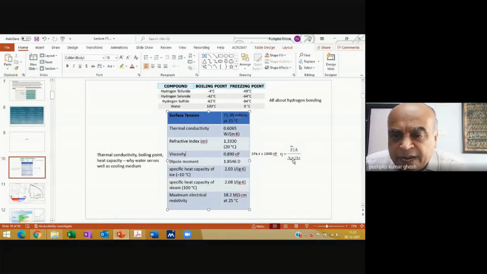So it will be per second, and this will have the unit of Pascal. So per second goes to the top, it becomes second, and so you've got your unit of Pascal second.